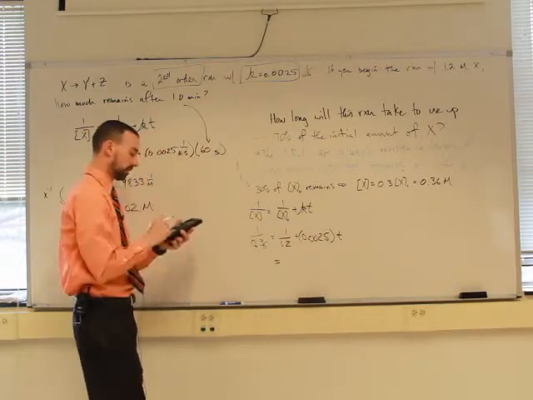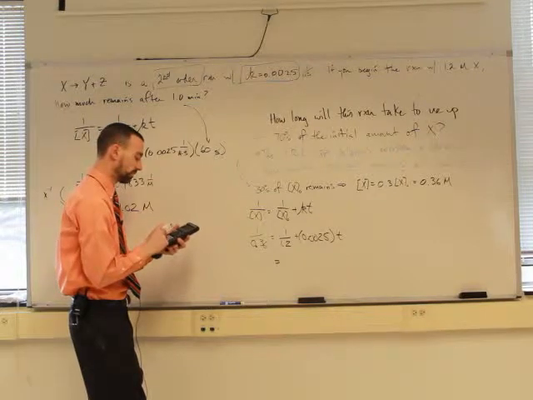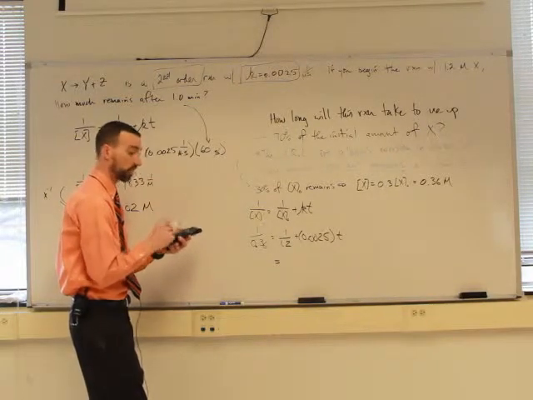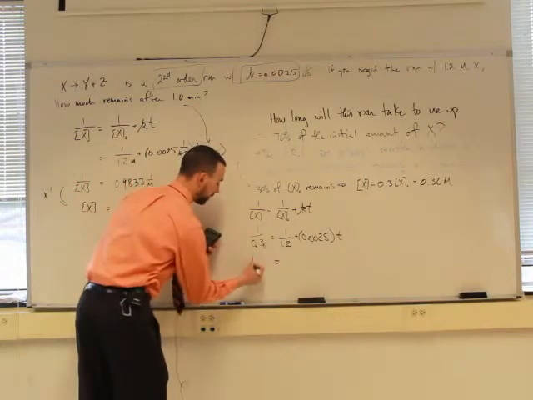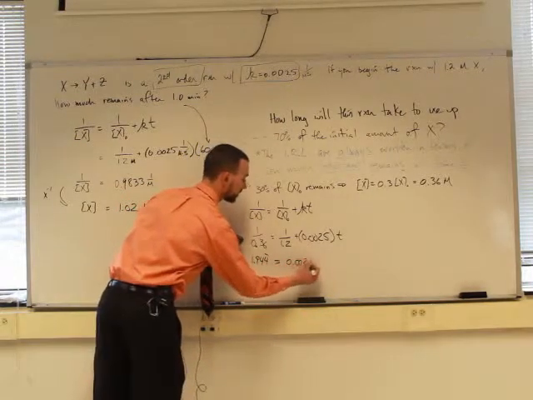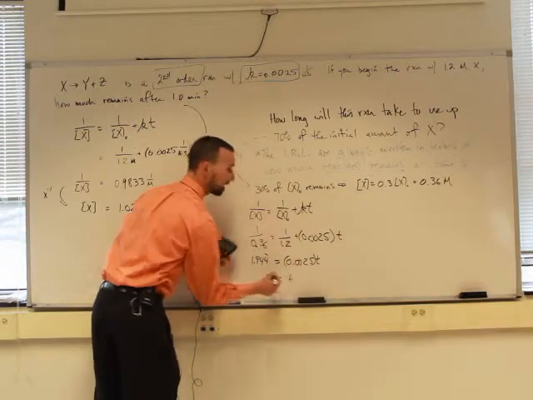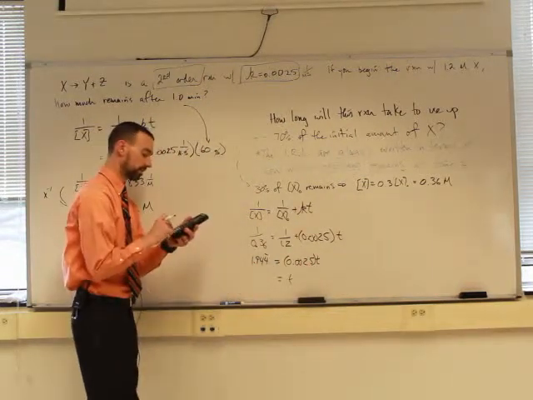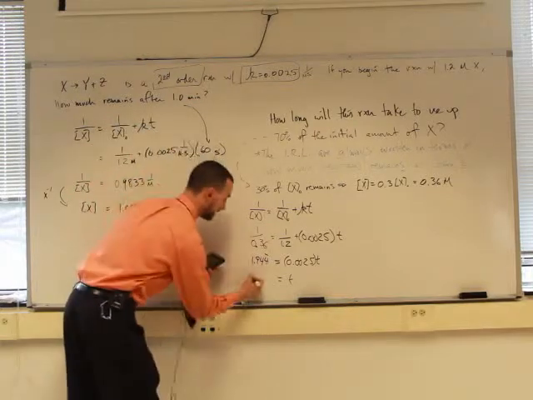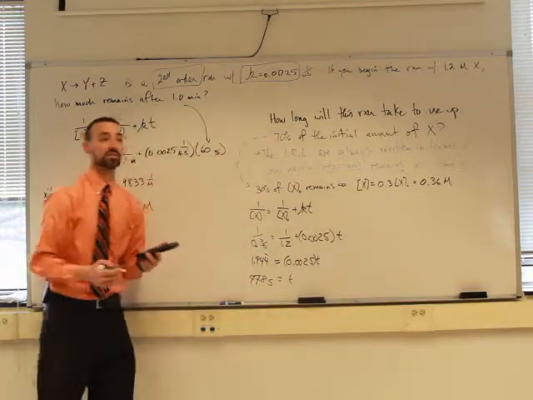So I could take 0.36 to the negative 1 power minus 1.2, 1 over that. So far I've got 1.944 equals my 0.0025 times t. So I just divide by the rate constant, and I get 778 seconds.